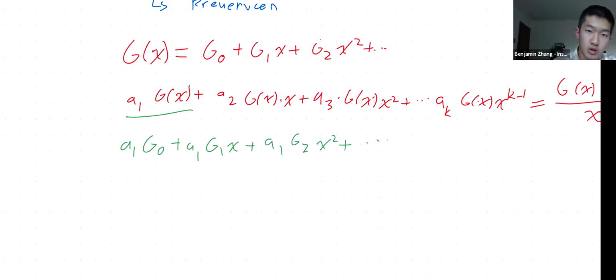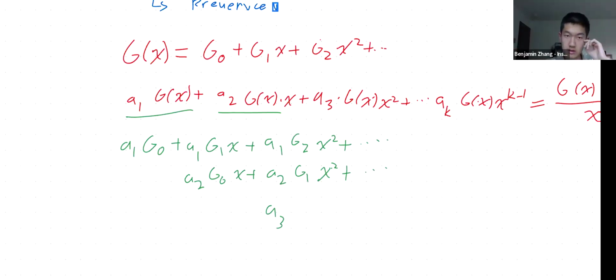The second polynomial is a2 g0 x plus a2 g1 x squared, and so on. The third one is a3 times g0 x squared, and so forth.